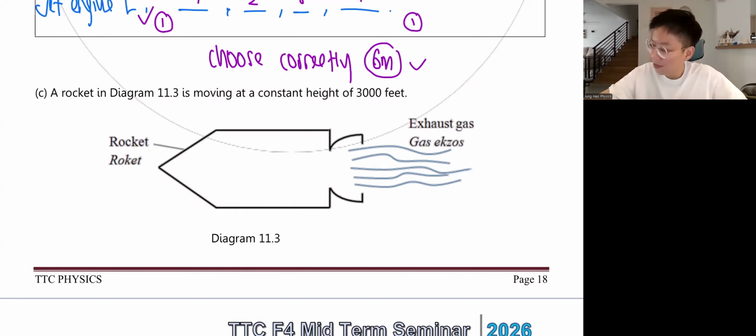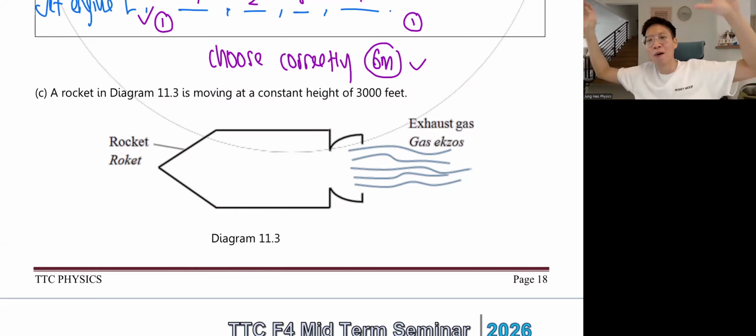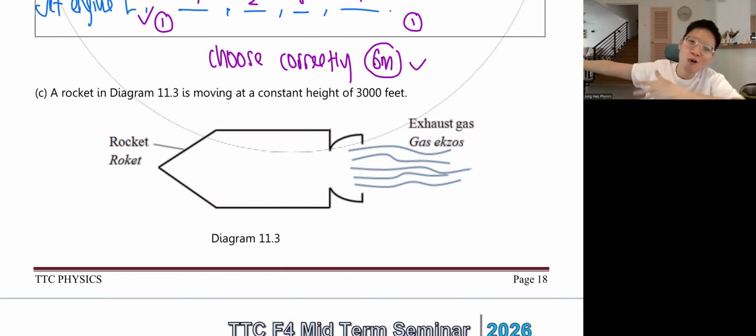Where are you guys from? Which school are you mainly from? KL schools, Penang, Johor, Sarawak, Perak? We have Sungai Long, Sabah, PU1, Taman Desa. Wow. Pahang.